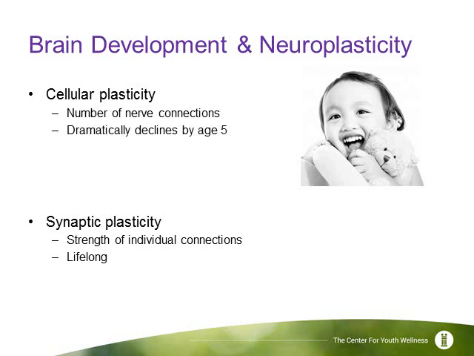Synaptic plasticity happens throughout our lives and relates to the strength or weakness of brain connections. The most critical time for influencing brain architecture is in the first 5 years, when we can take advantage of both cellular and synaptic plasticity. However, the brain has capacity for plasticity throughout the lifespan, so it's never too late.